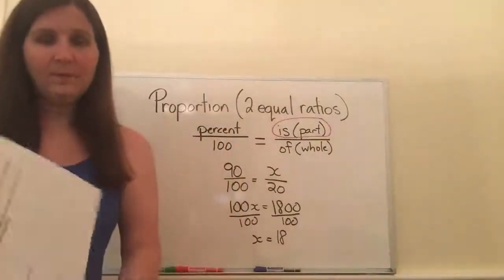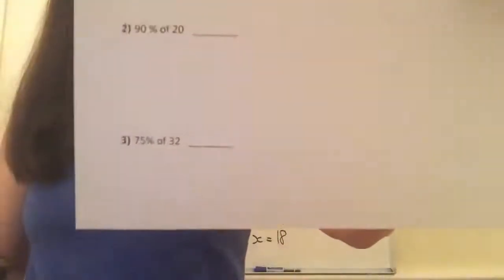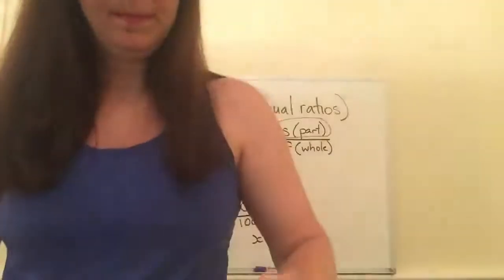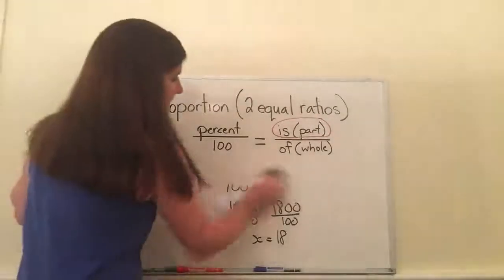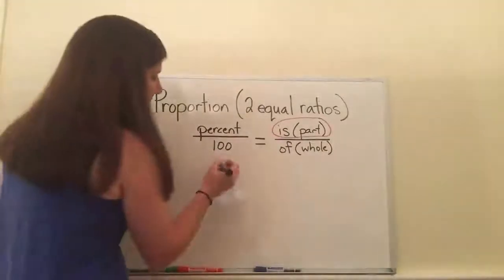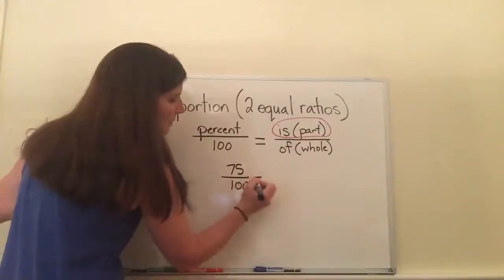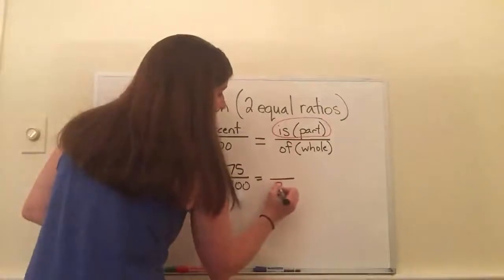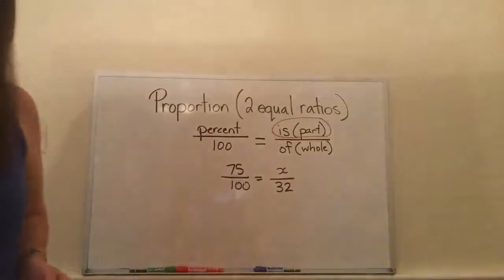Next, we're going to do number 3. Number 3 says 75% of 32. So, going through here, 75%, so 75 over 100, 75% of 32. I'm going to have 32 in my denominator and x in my numerator.